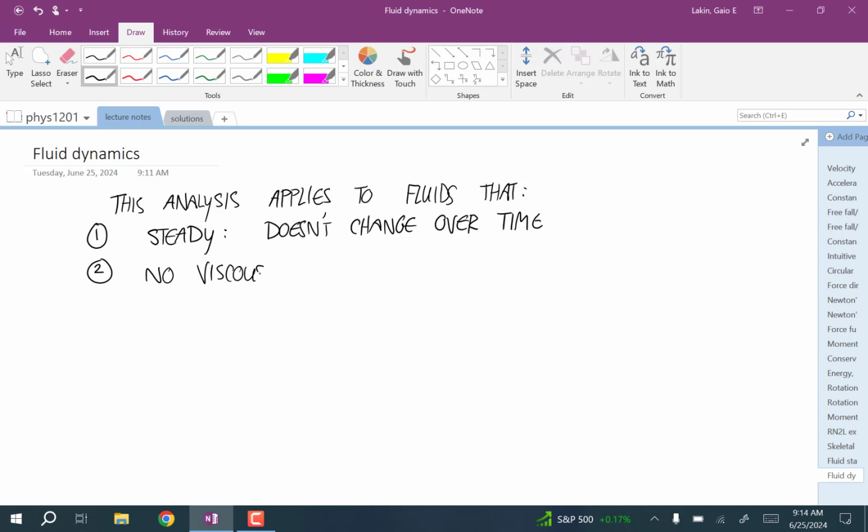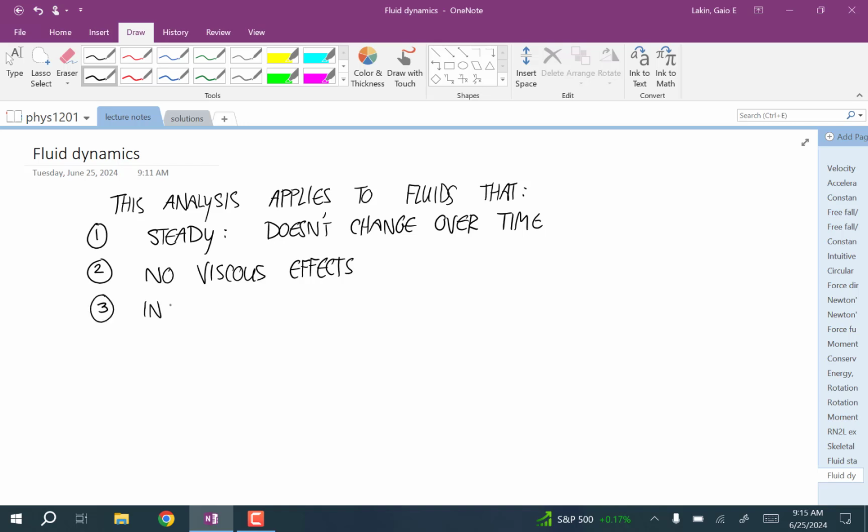So viscosity, you can think of as like water has a low viscosity, syrup has a high viscosity, and we're only going to be analyzing flows where that is not significant in the way the fluid behaves. We're going to be talking about water a lot.